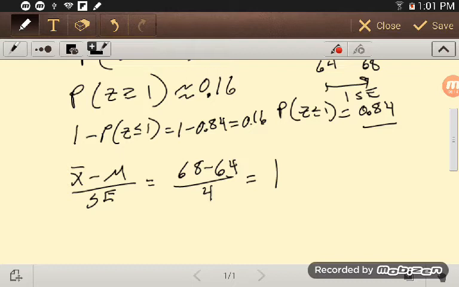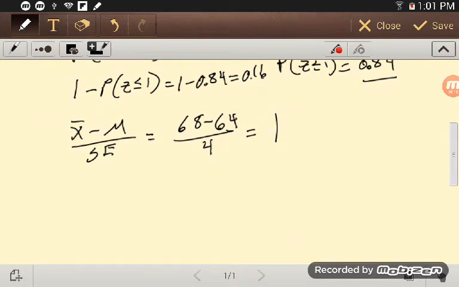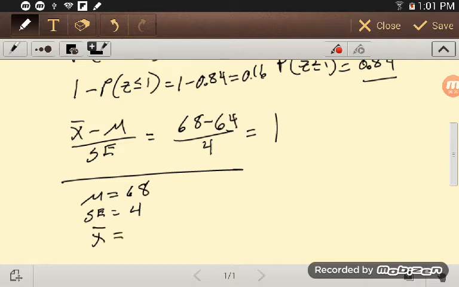Okay, and so if I gave you different data, so suppose instead we had mu was 68, our standard error was 4, but this time we do x bar and we get like 69.5.